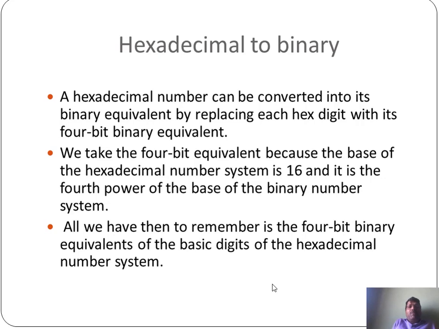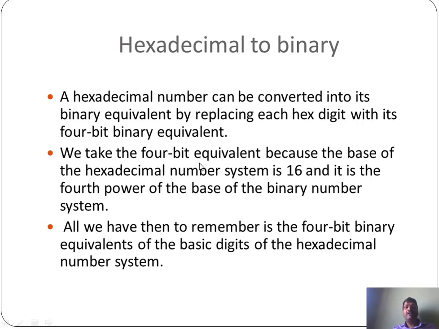Now hexadecimal to binary. So already we know a hex digit is formed with a 4-digit binary number. So any hexadecimal number can be converted into its binary equivalent by replacing each hex digit with its 4-bit binary equivalent. Hex base is 16, binary base is 2. So the hex base is the 4th power of the binary base.